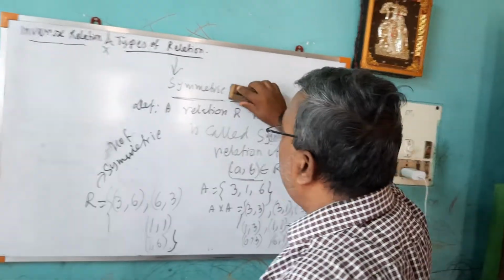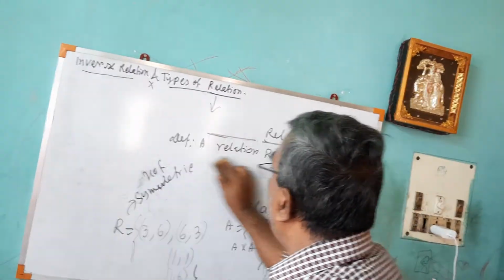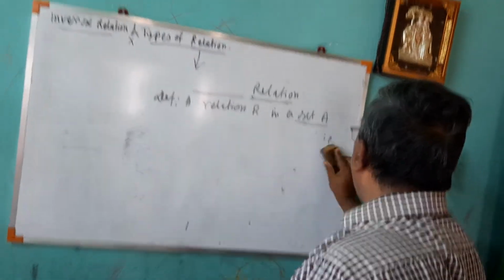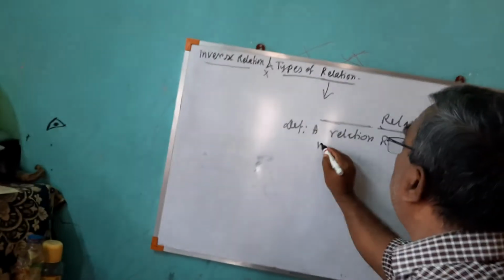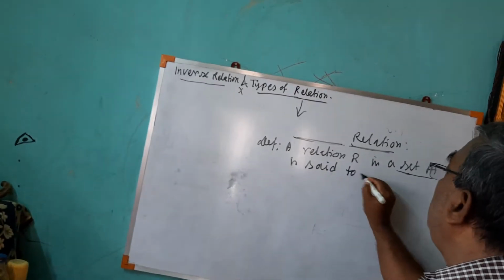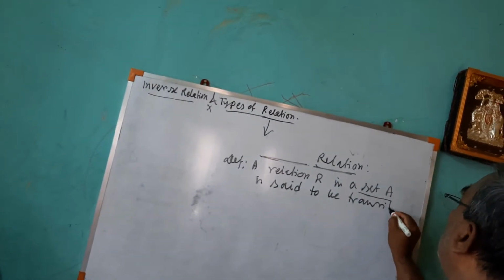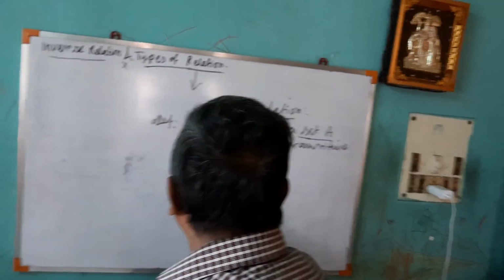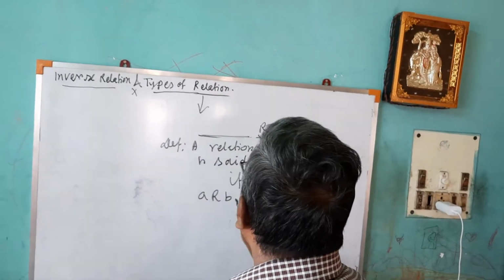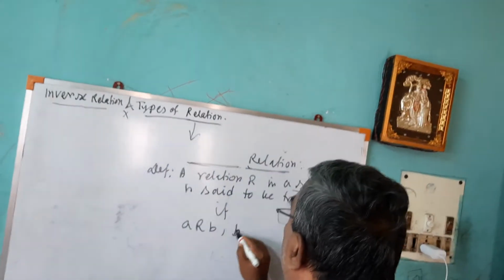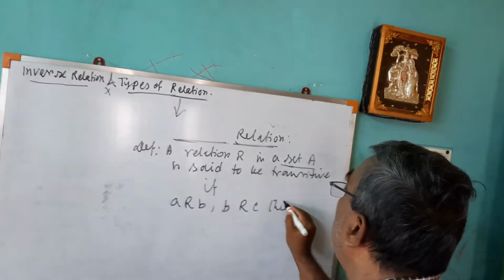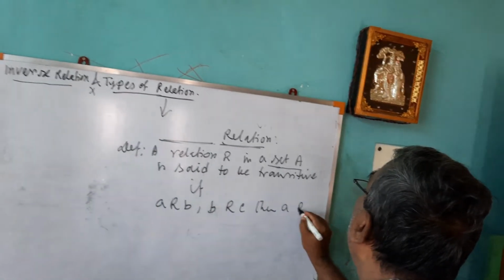Now I am coming to the transitive relation. What is a transitive relation? A relation R in set A is said to be transitive if a relation b, b relation c, then a relation c.